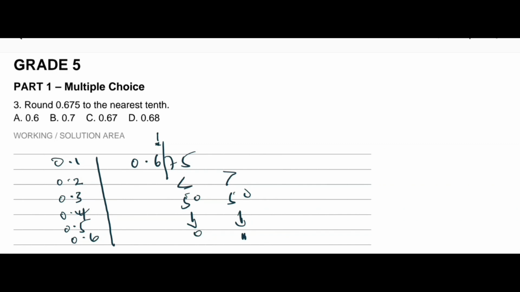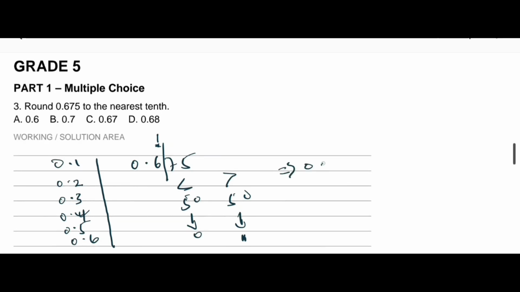So in this case, 75 is more than 50. Do you understand? So you round it to 1 and add it to the 6. It will become 0.7. So when they ask you to round 0.675 to the nearest tenth, the answer is 0.7. So here the answer is B, 0.7.